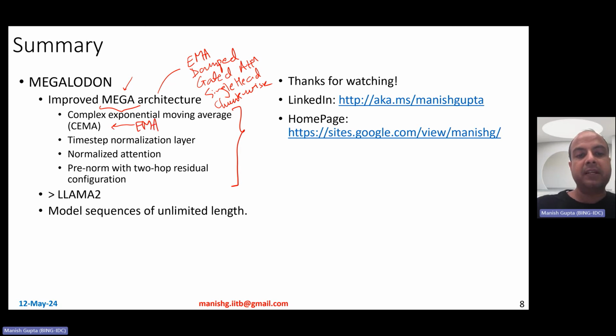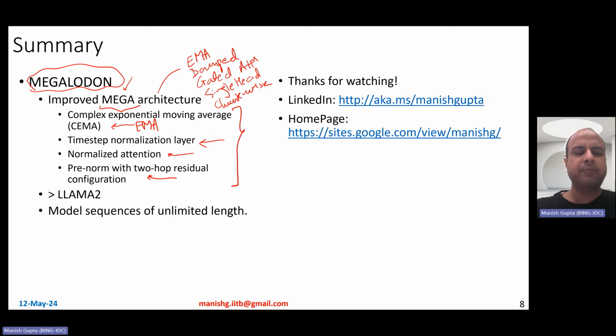They brought in a complex notation for their exponential moving average computations, right? And they also brought in this time step normalization layer rather than group normalization or layer normalization, right? Then they did normalized attention, then pre-norm with two-hop residual configuration, and that gives the overall Megalodon framework.